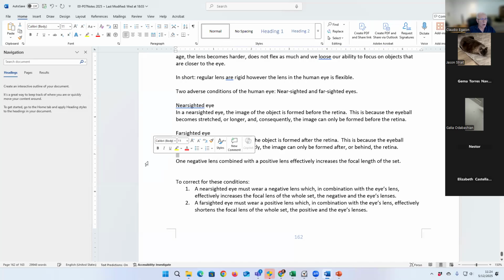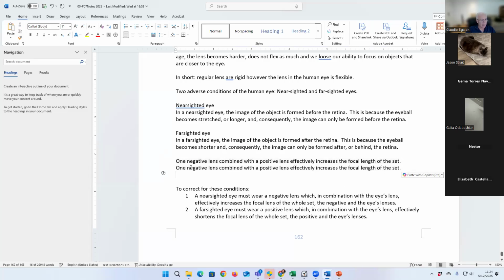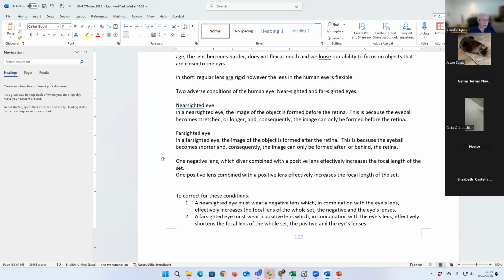Similarly, one negative lens, which diverges light, combined with the eye's lens effectively increases the focal length of the set.